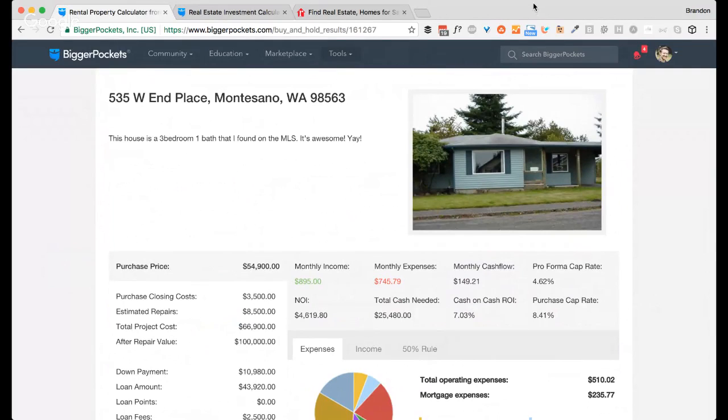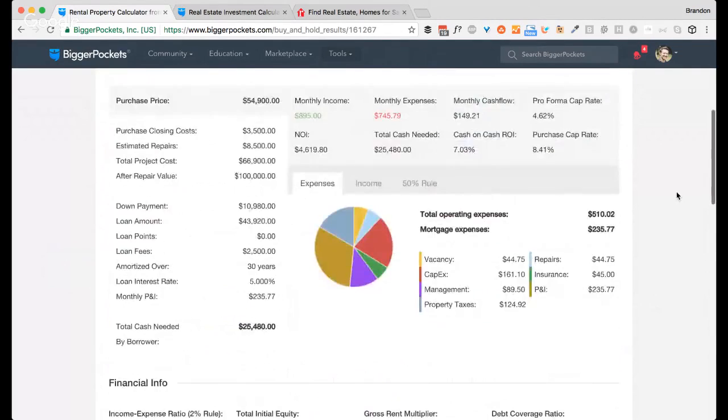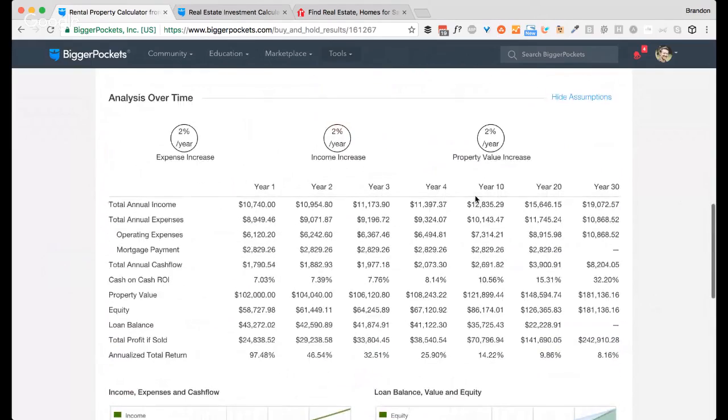So is it a bad deal? Well, check this out. I go down here to total return, because remember, this is where it gets a little bit confusing, but I want you guys to stick with me. Remember I said that the after repair value, in other words, what it's worth when it's fixed up, was $100,000? And I also put in that I believe every year it's going to go up by 2%.